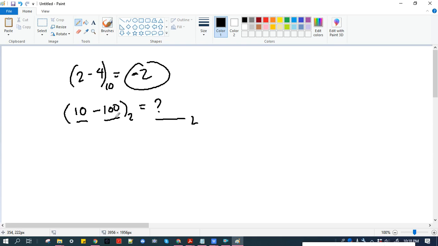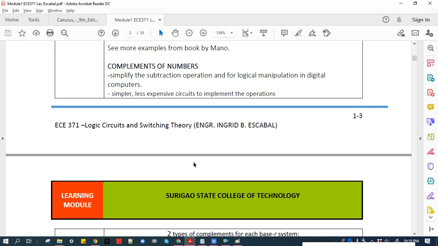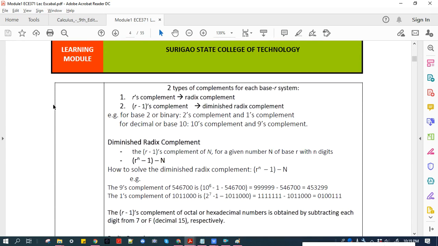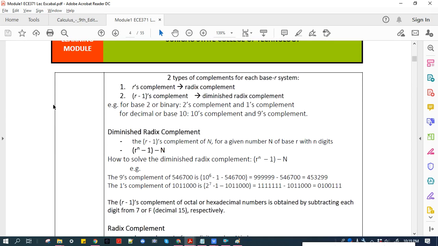How are we going to write negative 2 base 10? Negative 2 base 10 is what in binary? That's where the complement of numbers in binary is beneficial or needed. Complements of numbers give simpler, less expensive circuits to implement the operations. Let's find out later.